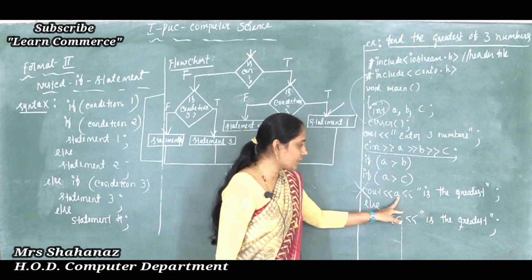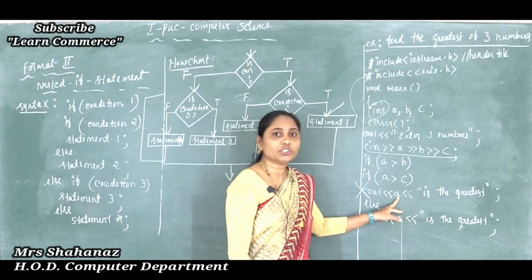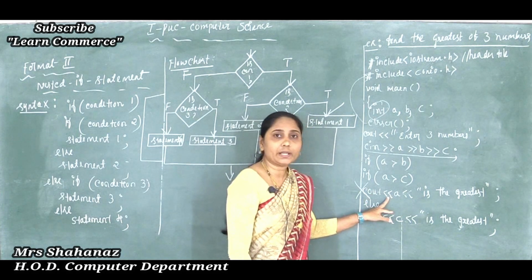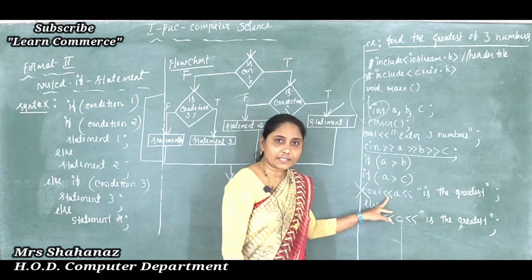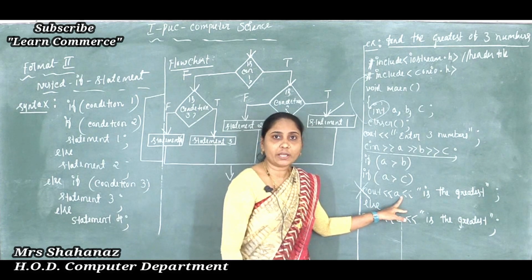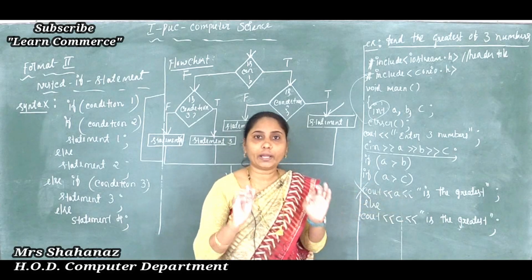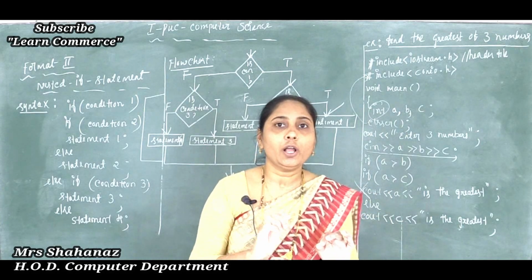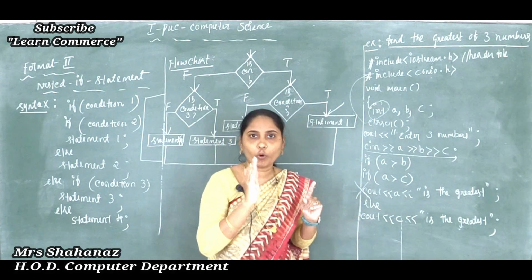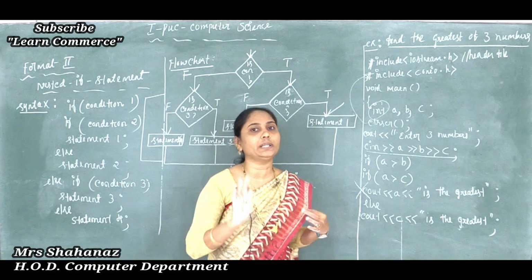So here just see, when you are going to check, I wrote cout. This operator is the stream insertion operator, and then I wrote A. What is the meaning of this? If you are using any message within double quotation marks, you have to remember: when you open the double quotation, you should close the double quotation.